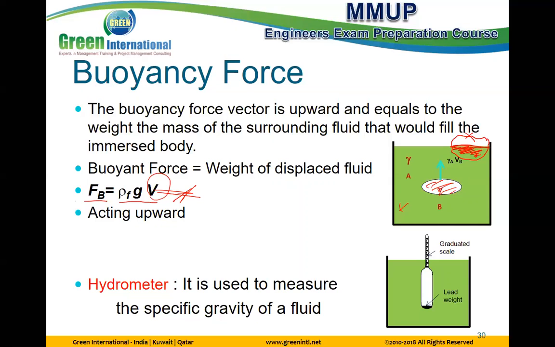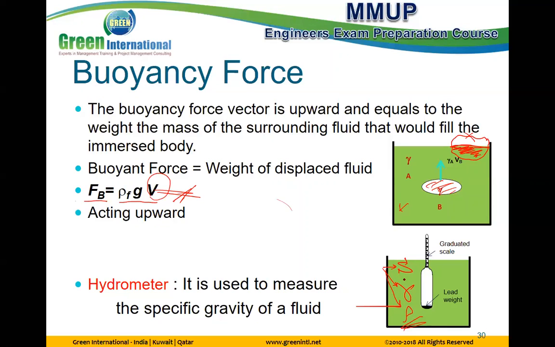According to this phenomenon, we can use a device called a hydrometer. It is used to measure the specific gravity of the fluid. Specific gravity, S, means you can measure the density. If you measure one, you can know the other, it is the same.